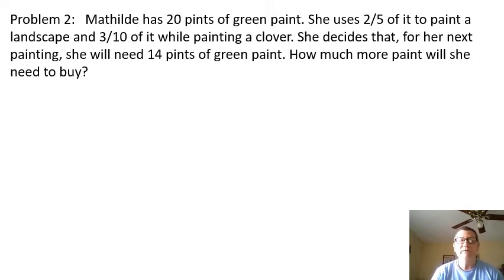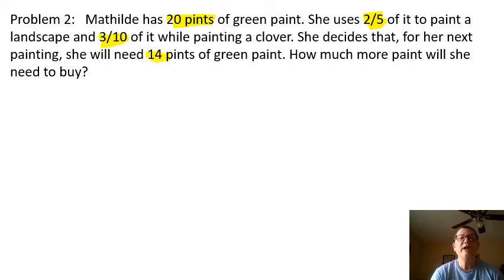So let's identify first what the important information is. First off, we know that she starts off with 20 pints of paint. She uses 2/5 of it to paint the landscape, 3/10 to paint the clover. She decides at her next painting she will need 14 pints.